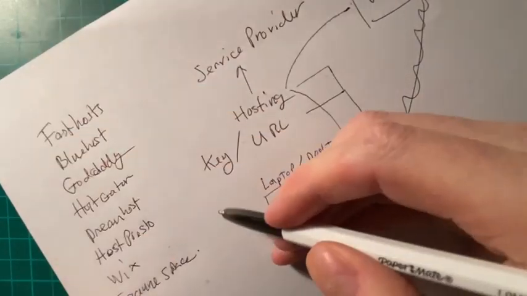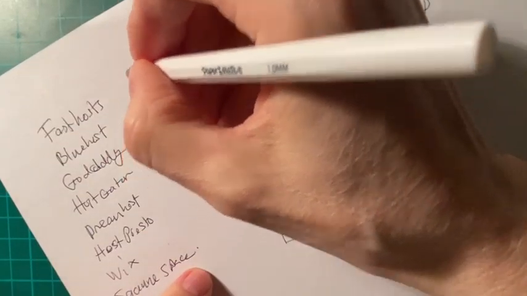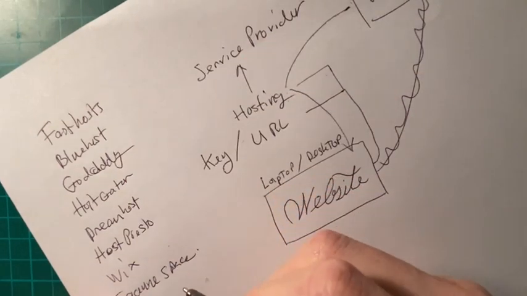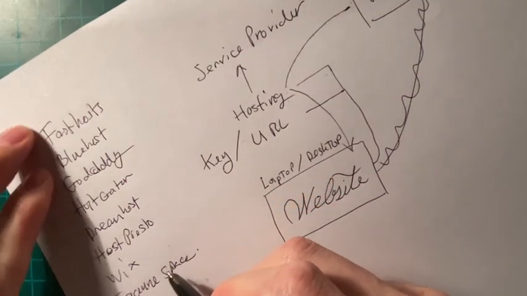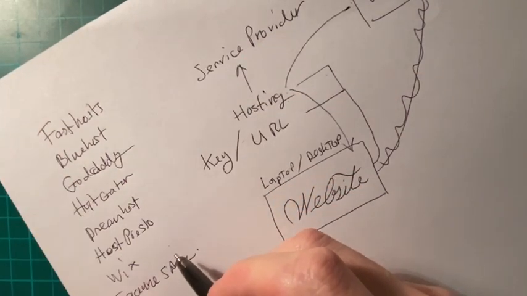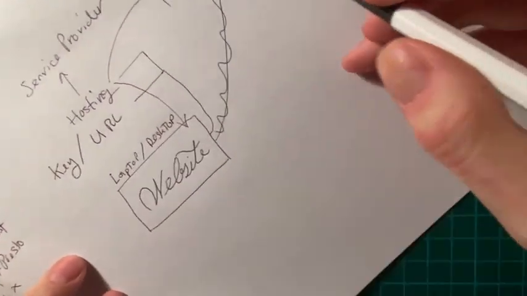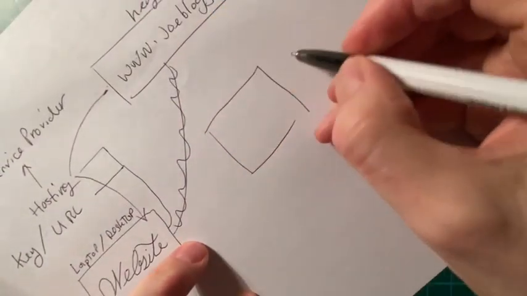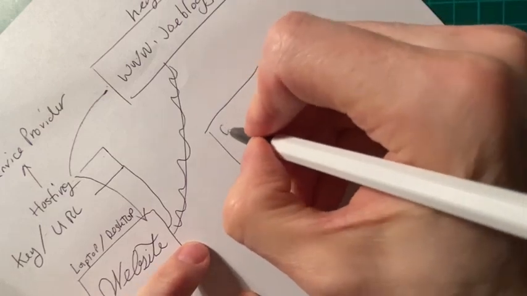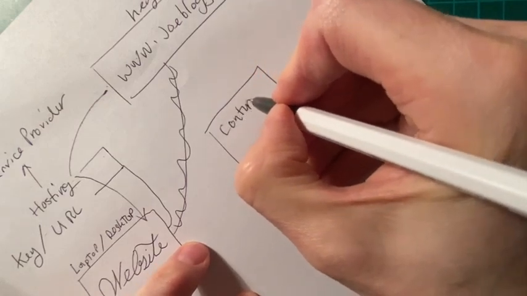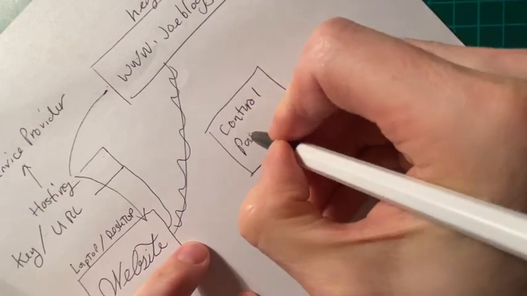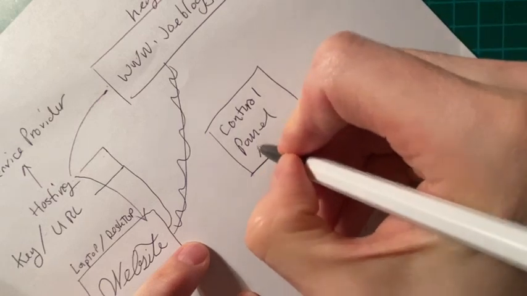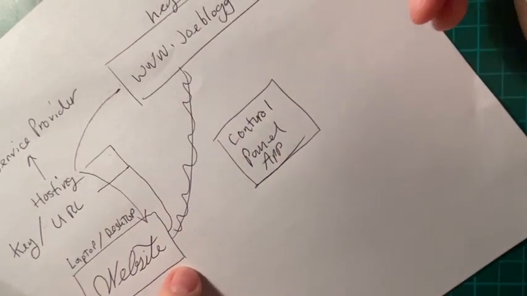These guys here will give you access to a folder. Some of them, I think Wix and Squarespace, I think they do this, but I know most of them, if not all of them, will give you access to a special place called a control panel application.